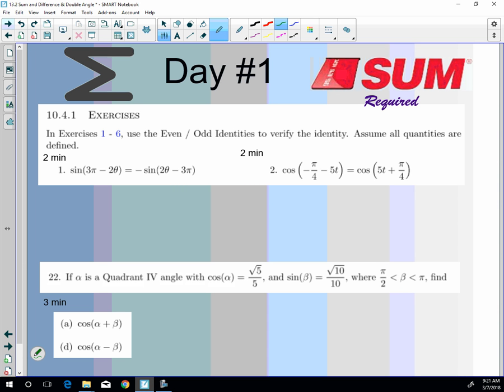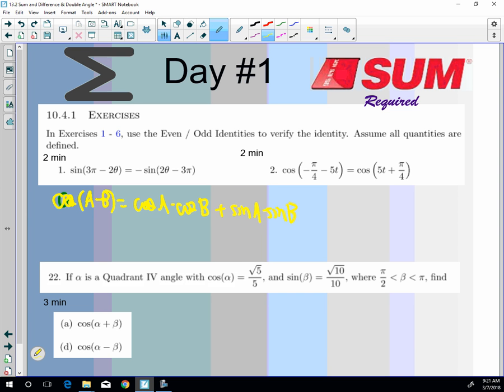What we're going to do is we're going to use this formula and a couple other ones to figure this out. So I'm going to give you the formula: cosine A minus B is the cosine of A times the cosine of B plus the sine of A times the sine of B. That's the cosine of A minus B. Wouldn't it be great if there's a cute way to remember this?